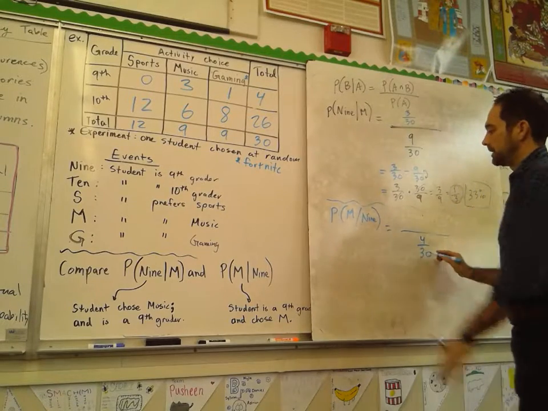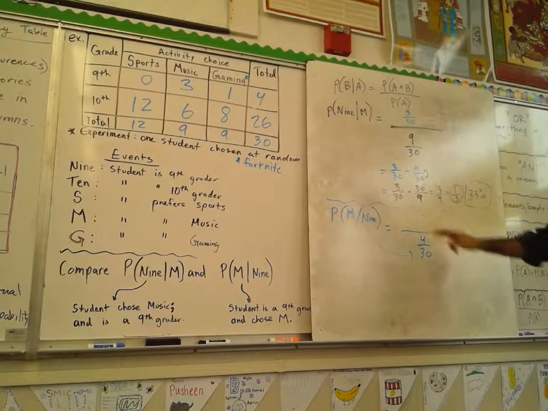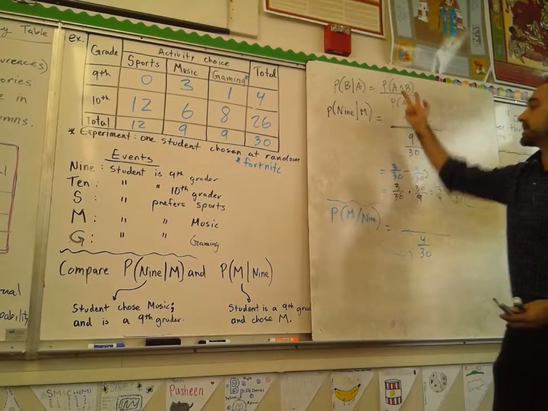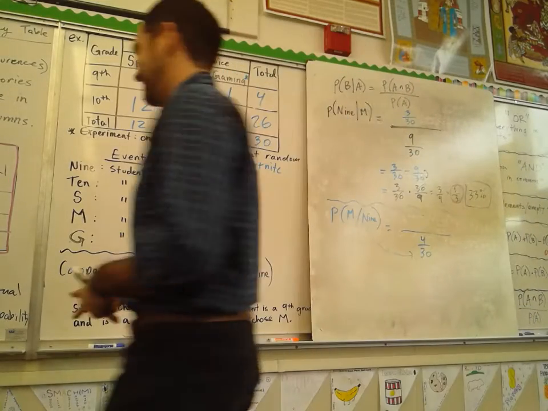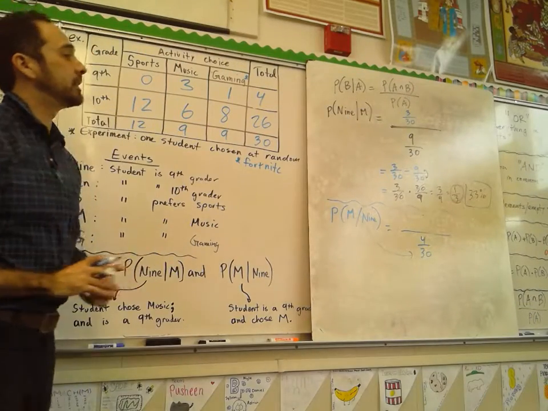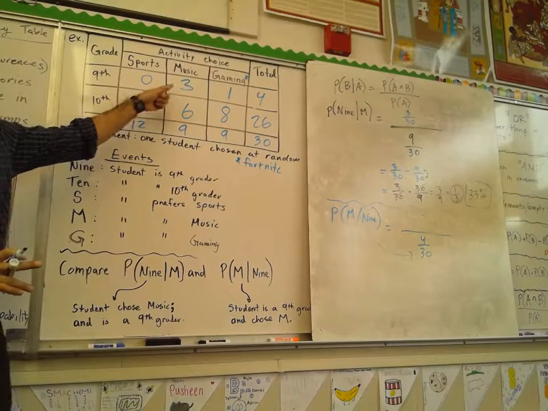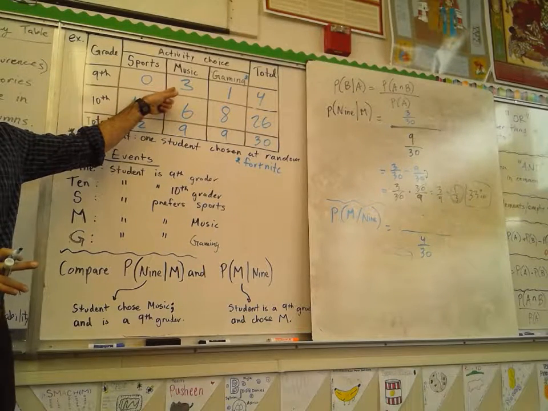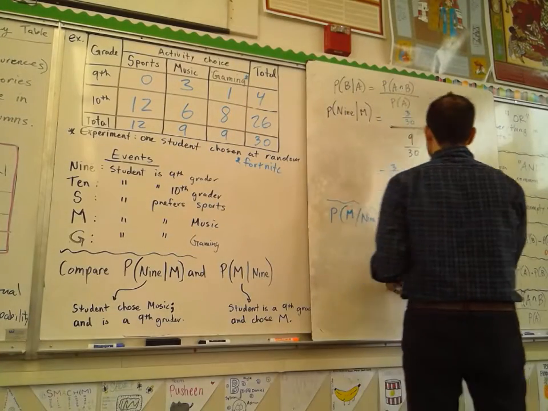So we're going to do the probability of this on the bottom, and the probability of our intersection of these two. So how many go right there? The probability of ninth graders and music, right here. That's the intersection. 3 out of 30.